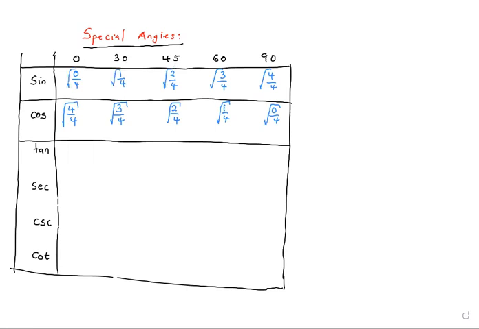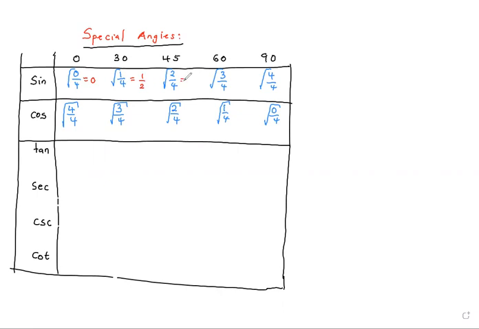So when they ask me to find what sine 0 is, it is just 0. Sine 30, 1 over 2.